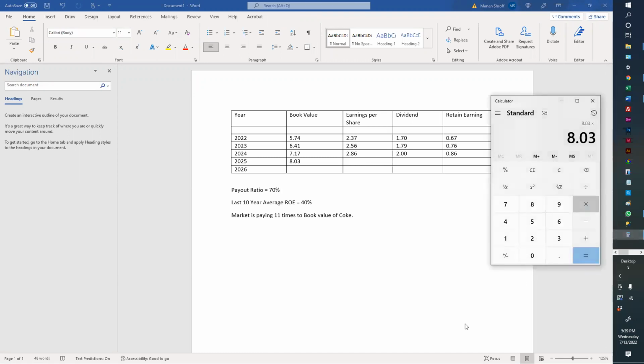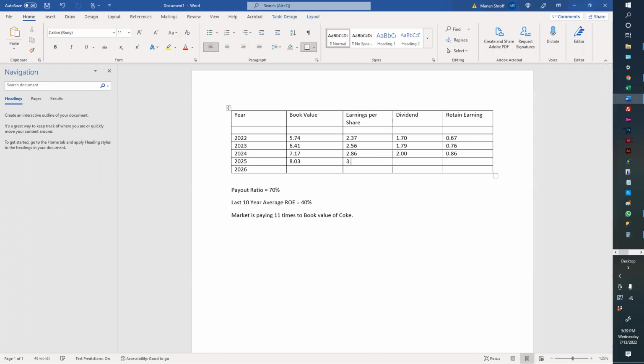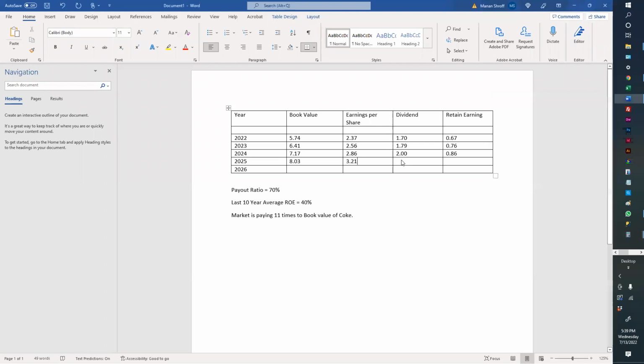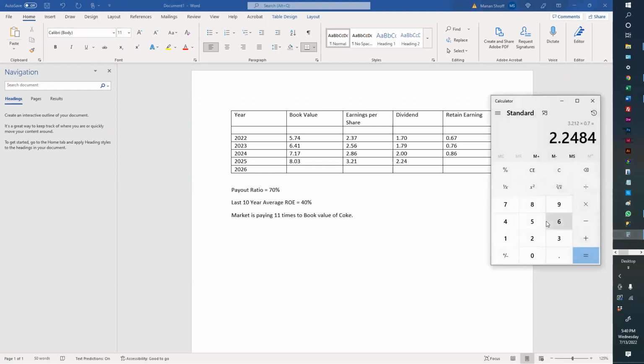So on $8.03, it's now going to make earning per share of $3.21. Out of $3.21, it will pay you dividend, with the dividend payout ratio at 70%. It's going to increase the dividend to $2.24. Whatever is left is going to be added back to its book value.